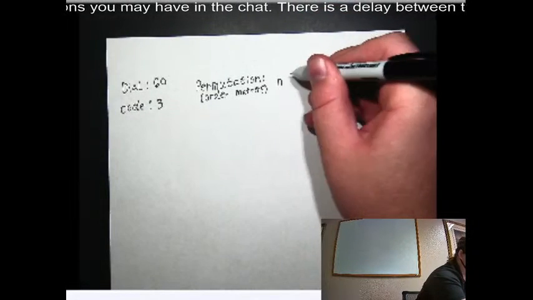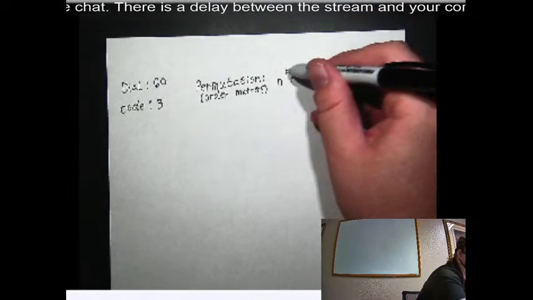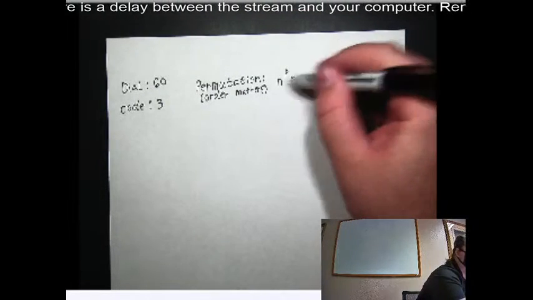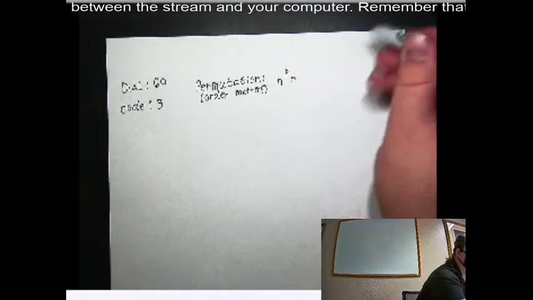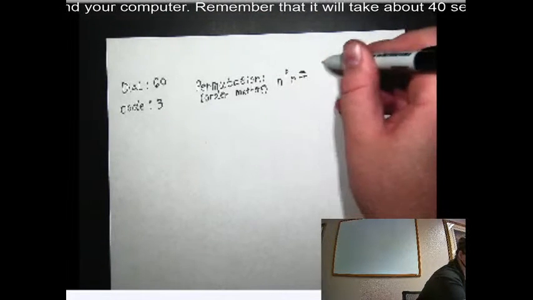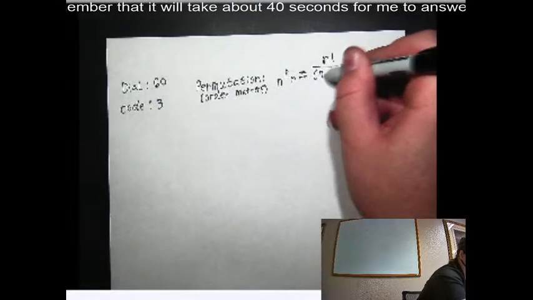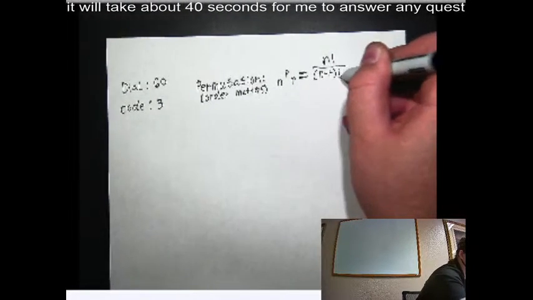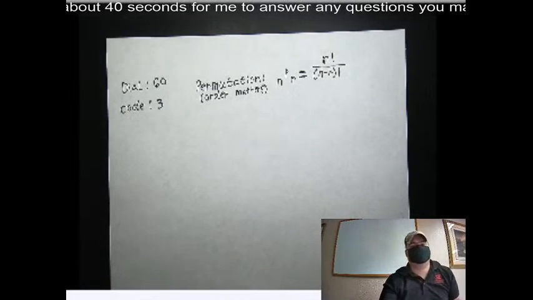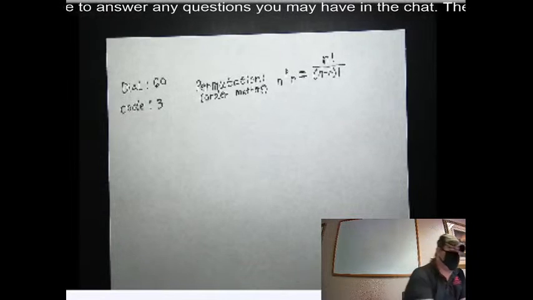Okay, so here's how it works. We have a formula called nPr, where P is just the name of this formula, and n and r are the numbers we're going to plug into it. And we have n factorial over n minus r factorial. n is the number of things that we're trying to organize.